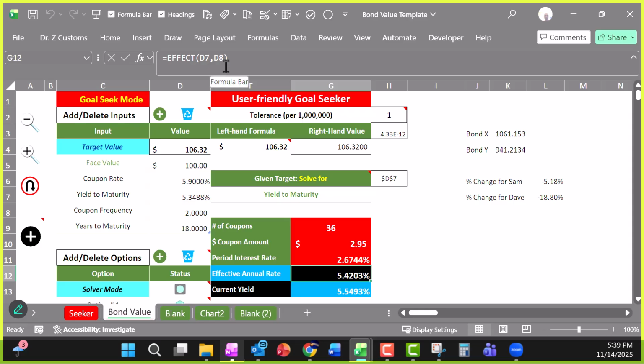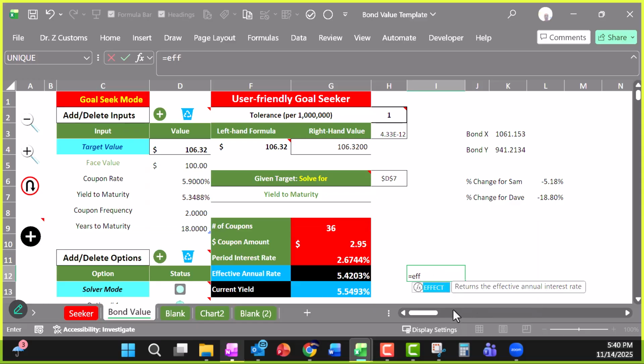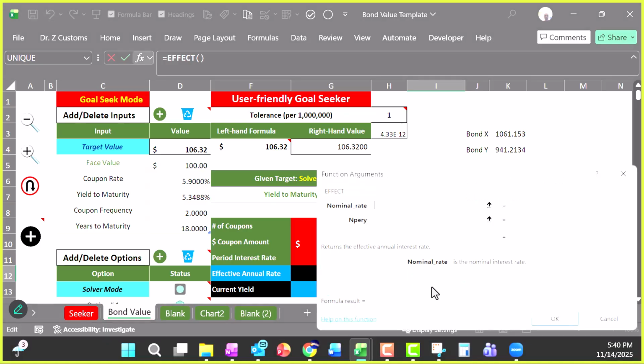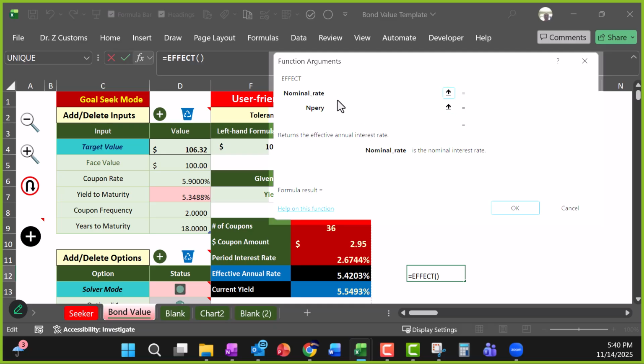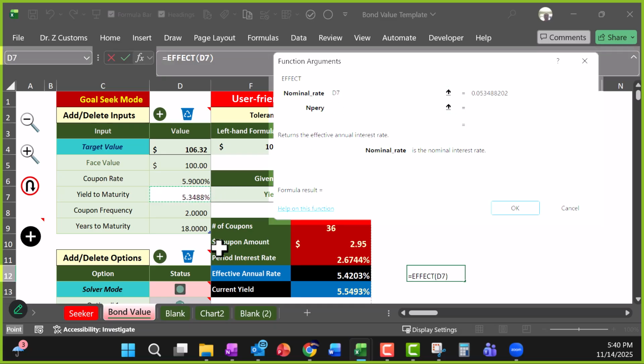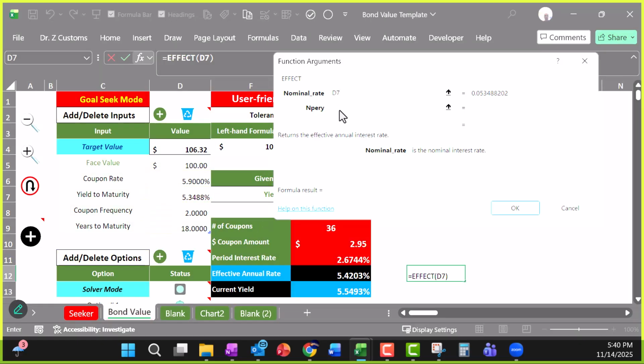Excel actually has a function called effect. If you don't know anything, type effect, Control A. It has two arguments. What Excel calls nominal rate is our yield to maturity. What Excel calls NPRY is our coupon frequency.